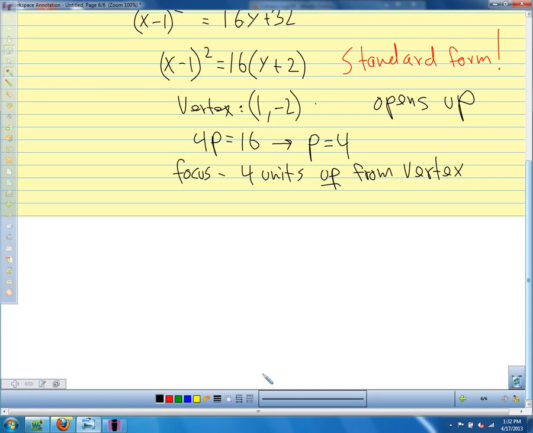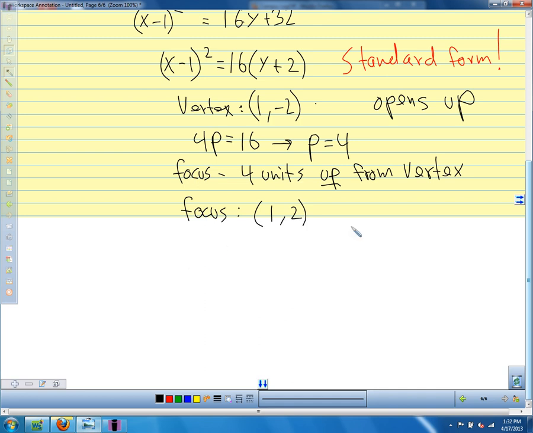So what point is up 4 units from 1, -2? I add 4 to the y part. I'm moving up 4, so I get the point 1, 2.